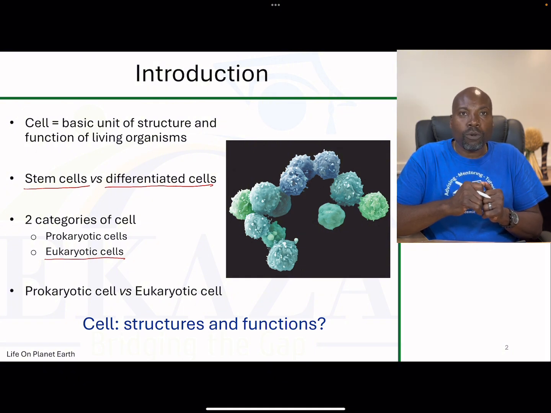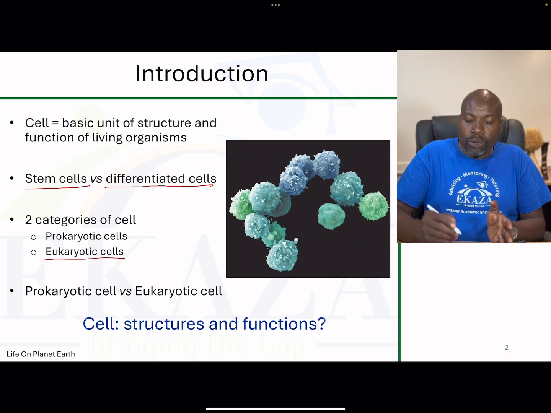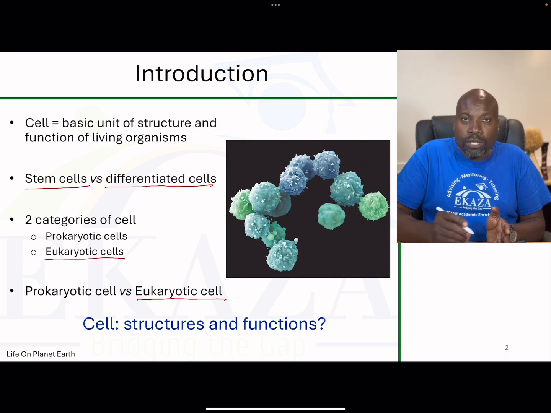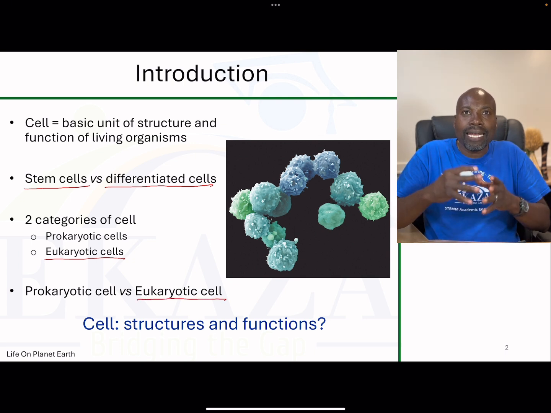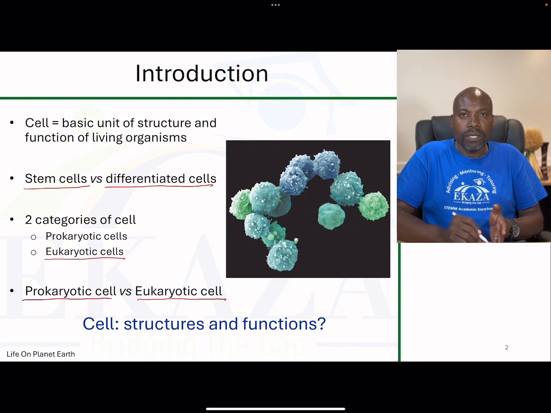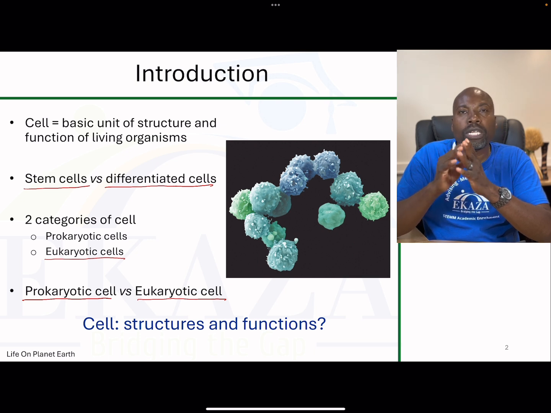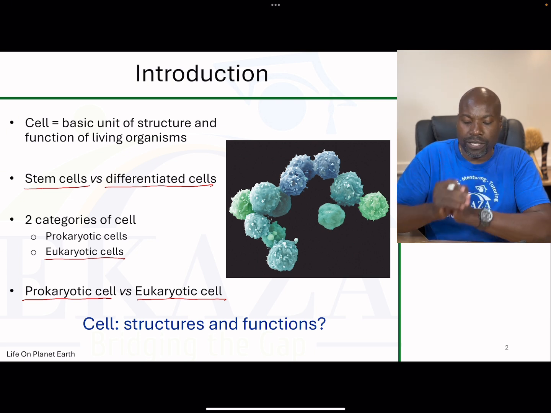Because of that complexity, the many compartments in eukaryotic cells cause eukaryotic cells to stand out compared to prokaryotic cells. So we are going to go into more details when we look at the different types of cells.